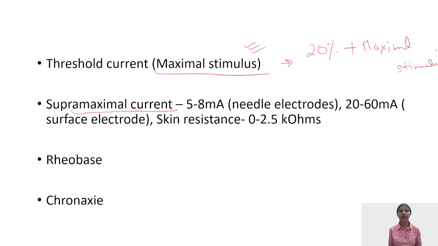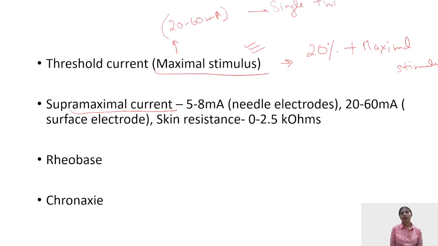Now you all will say, but how are we going to know the maximal stimulus? Generally, the maximal stimulus that is required in human bodies is around 20 to 60 milliamperes.